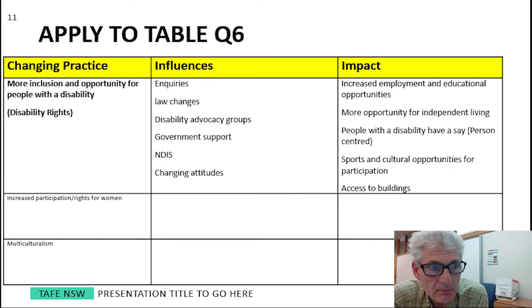We're looking at some political debate and education around respectful relationships at the moment. And then look at the impacts there, whether it's women having access to employment, the changing roles in families, or sharing the load in families, more respectful relationships, hopefully.